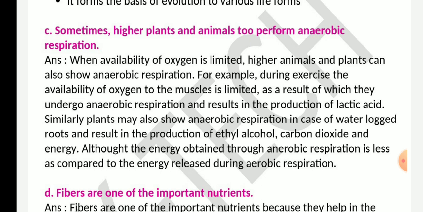Similarly, plants may also show anaerobic respiration in case of waterlogged roots and produce ethyl alcohol, carbon dioxide, and energy. Although the energy obtained through anaerobic respiration is less as compared to the energy released during aerobic respiration.